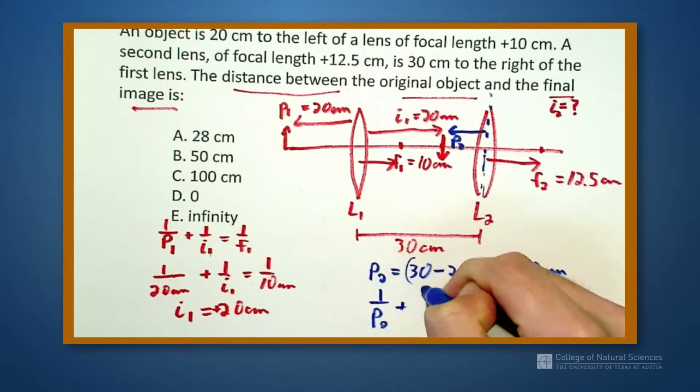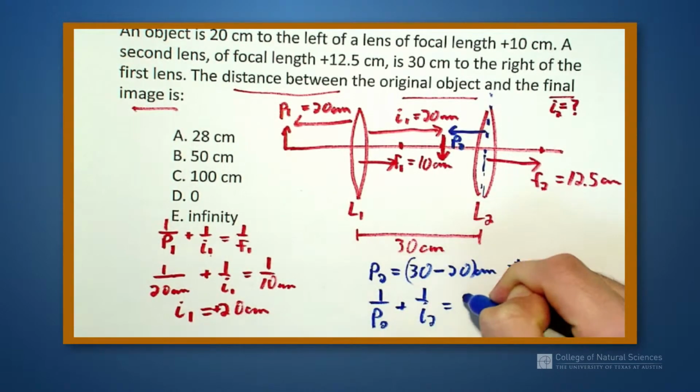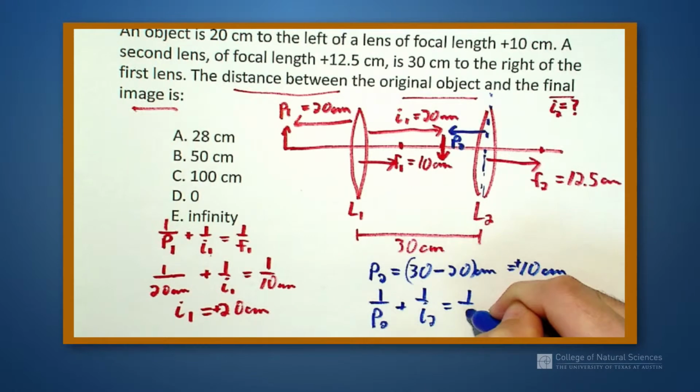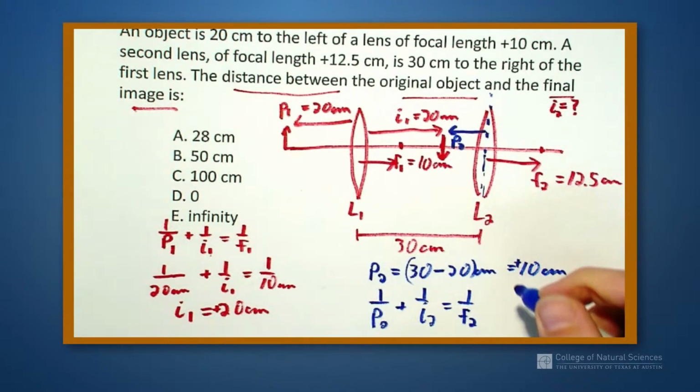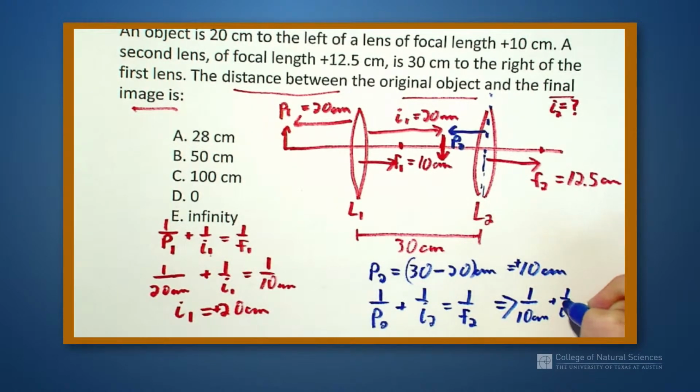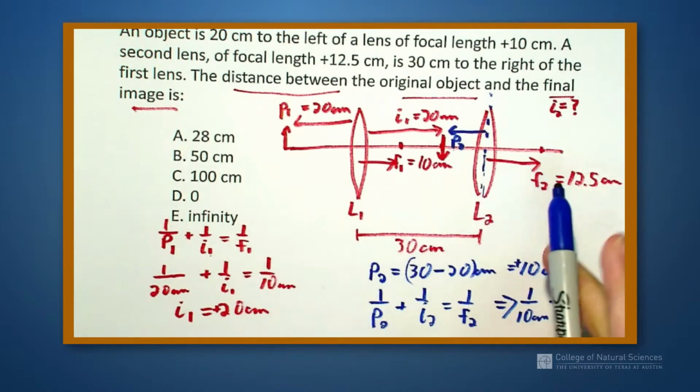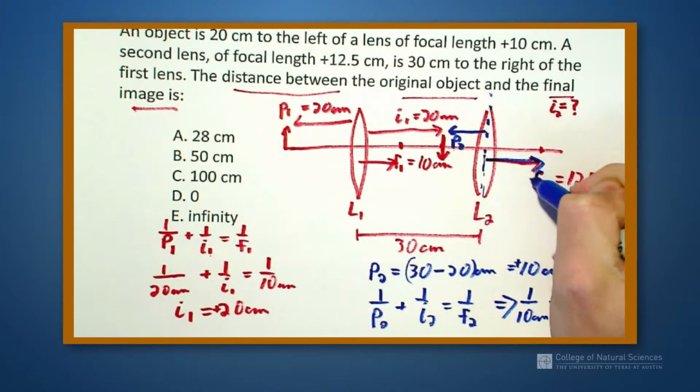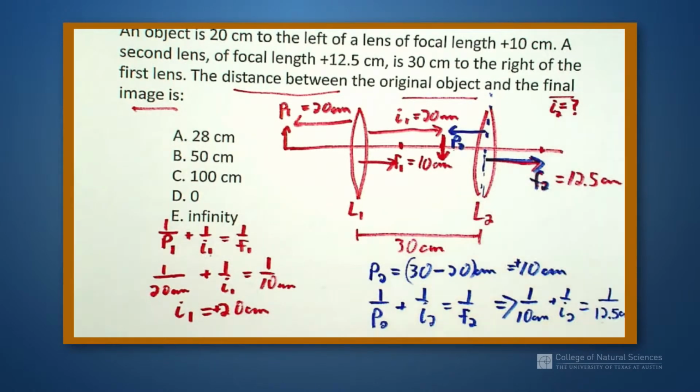1 over P2 plus 1 over I2 is equal to 1 over F2. And when I substitute in these values, I get 1 over 10 centimeters plus 1 over I2 is equal to 1 over 12.5 centimeters. So I'm just substituting in P2, this is F2, and I'm figuring out what I2 is.